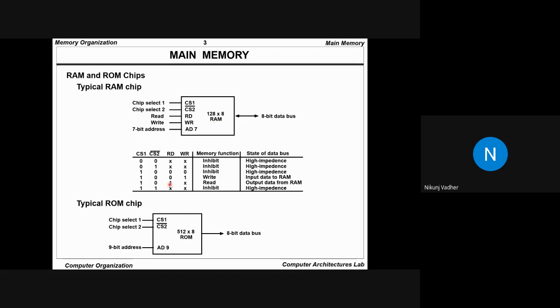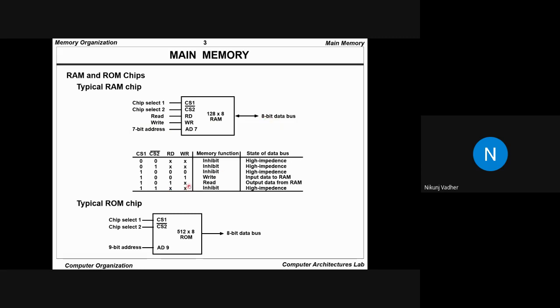If it is 1 and don't care, here you can see 1 and don't care, so whether write is 0 or 1, in that case the read operation will be performed. Whatever 7-bit address we have specified, using that address the content of that RAM location will be read, and that content will be forwarded to the 8-bit data bus.